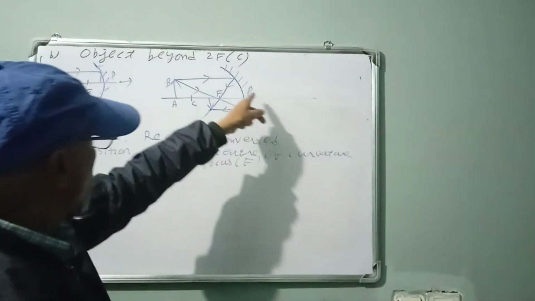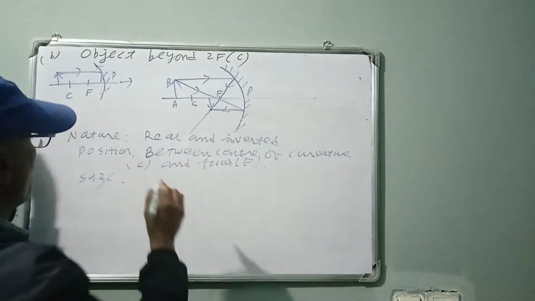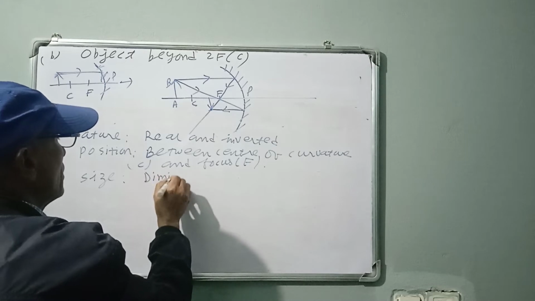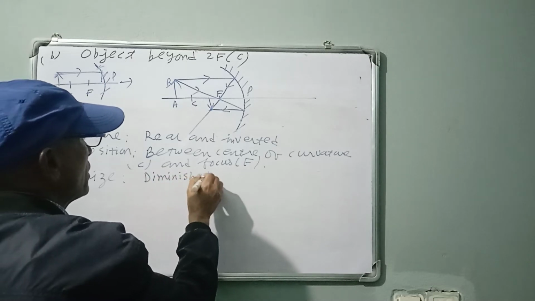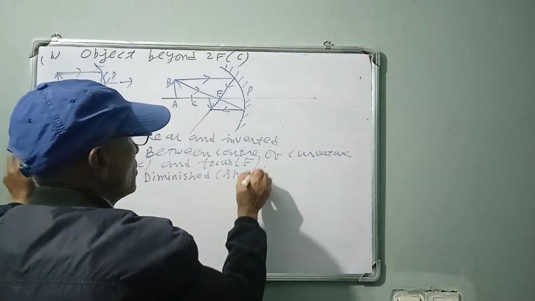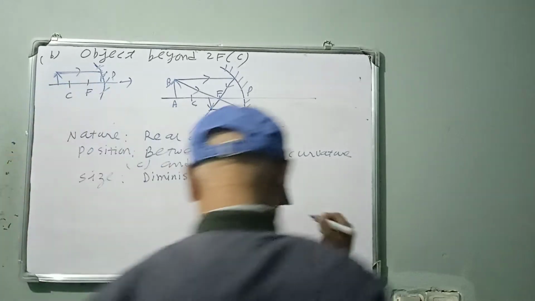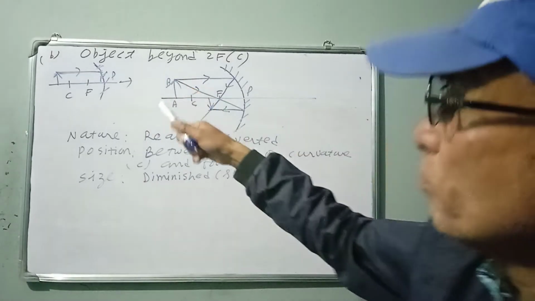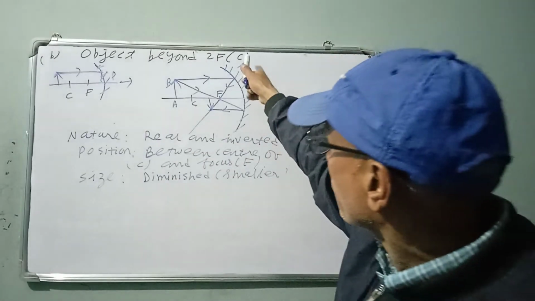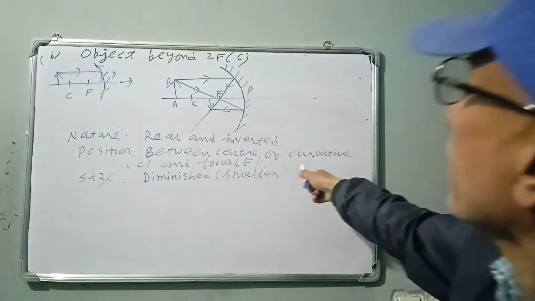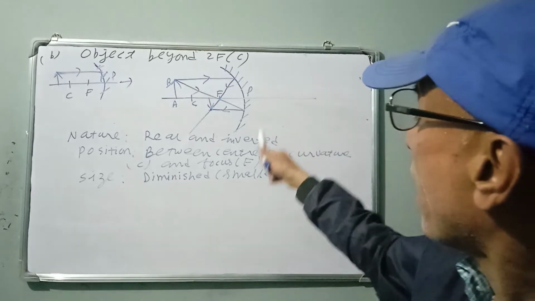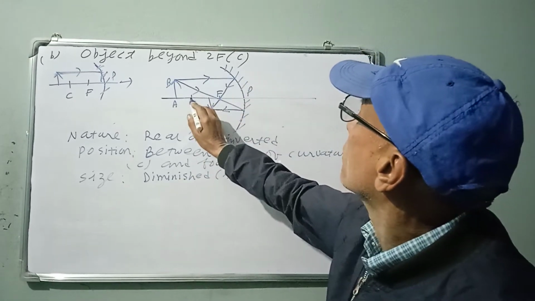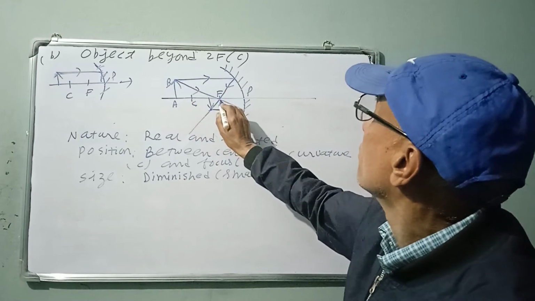When the object is beyond C, the size is smaller or diminished. Diminished means smaller than the object. When an object is placed beyond 2F or beyond C, a real, inverted and diminished image is formed between the center C and focus F.